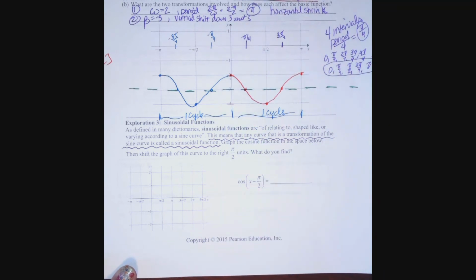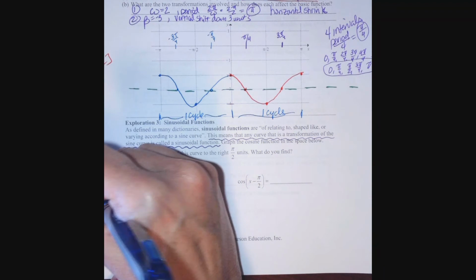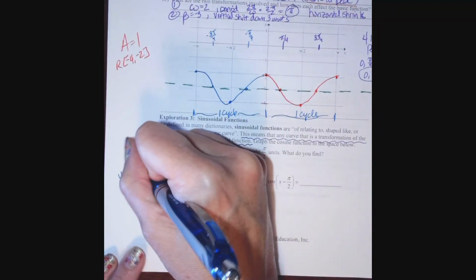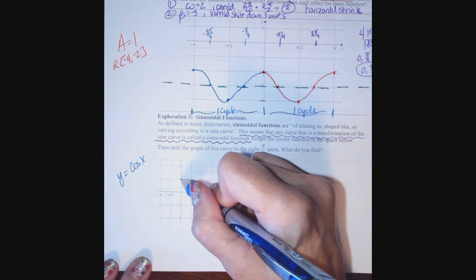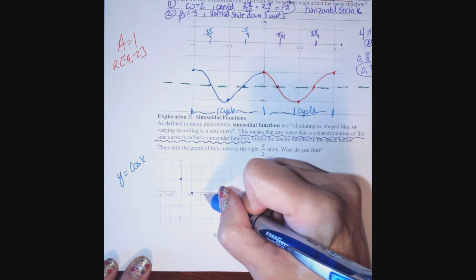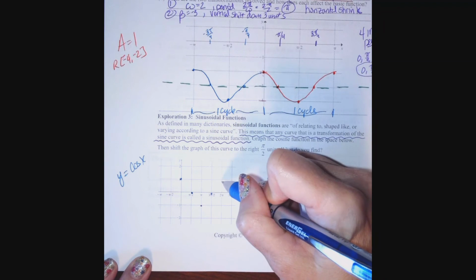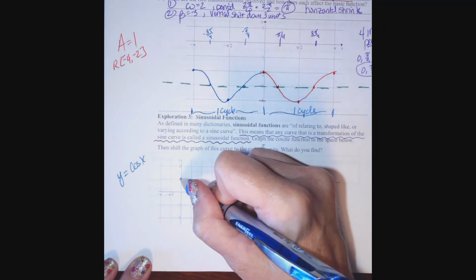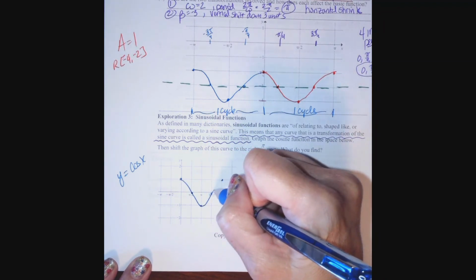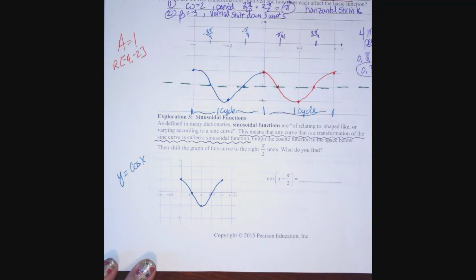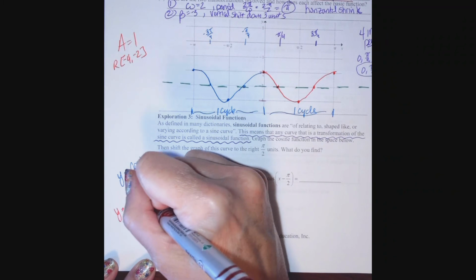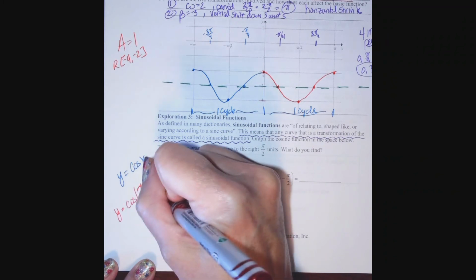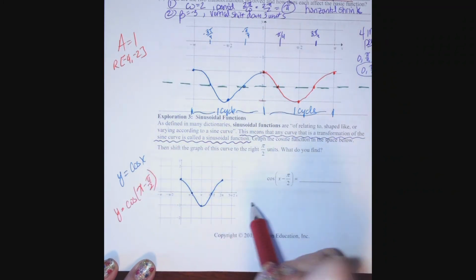So if I took y equals cosine x, let's do that in blue. Y equals cosine x. Cosine is periodic over 2 pi. So I would start at peak because cosine starts at peak. This is one cycle of cosine. And then if I shift so that I do y equals cosine of x minus pi half, that shifts me to the right pi half.